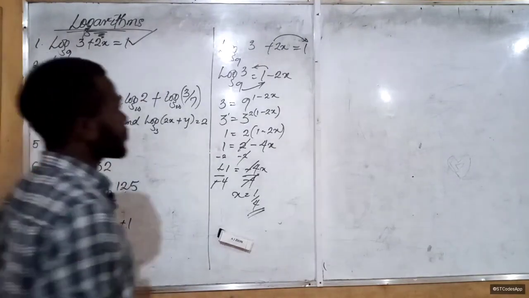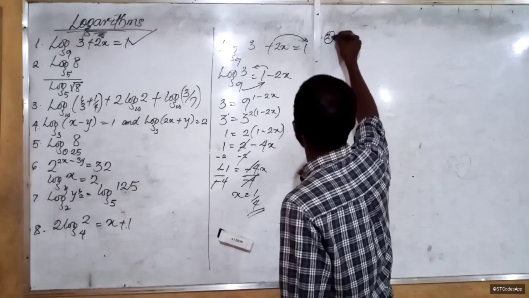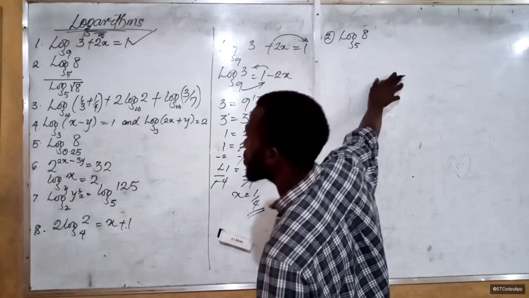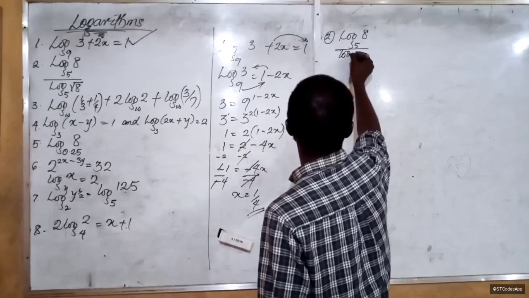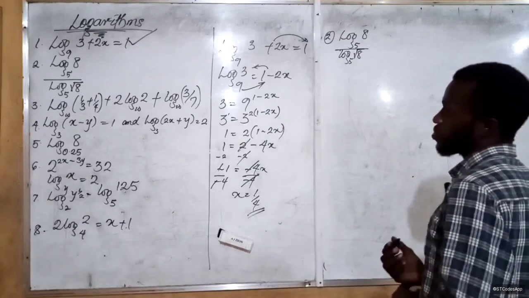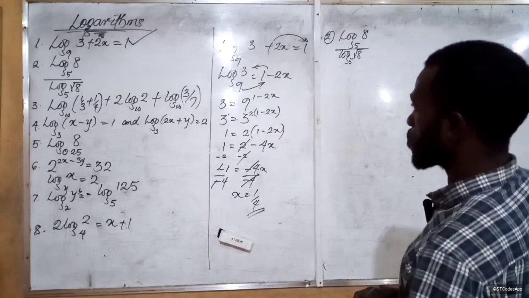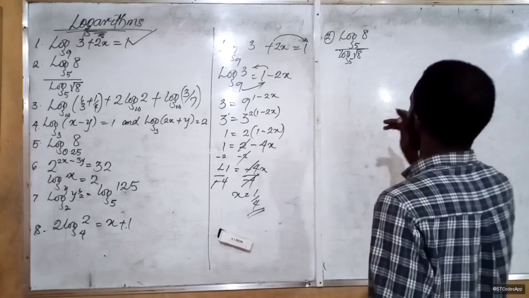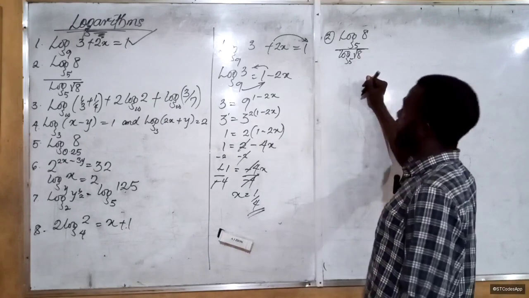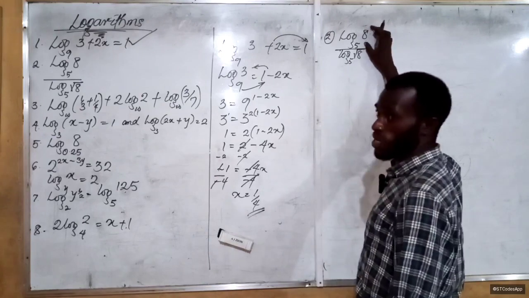Now number 2 says log to the base of 5 of 8 all over log to the base of 5 of root 8. This is quite simple. One thing we could do is first bring them to the prime factor base.